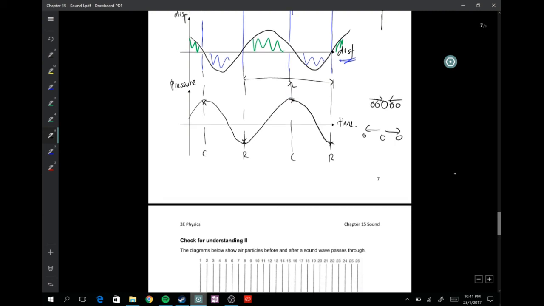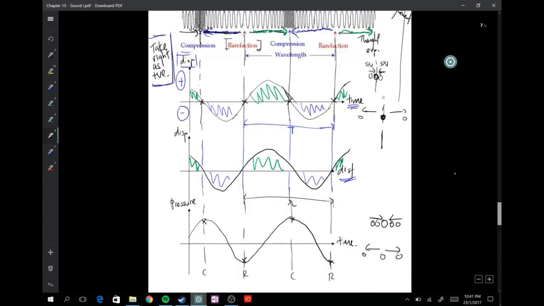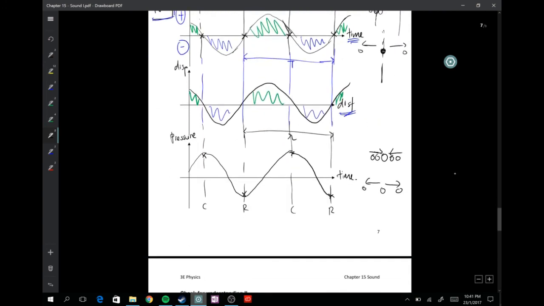Now one last question before we end this video. Pressure, is it a vector unit or a scalar unit? I want you to think about this. We can discuss in class. This is a positive and this is a negative.